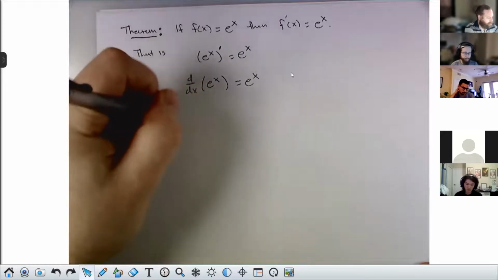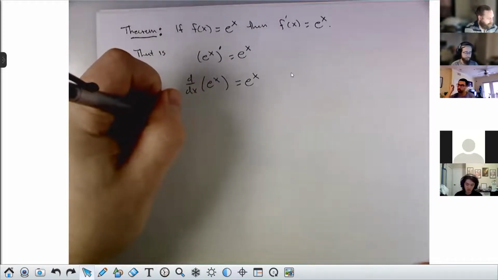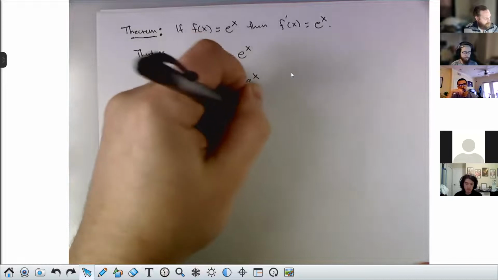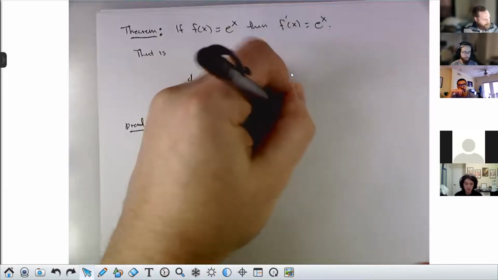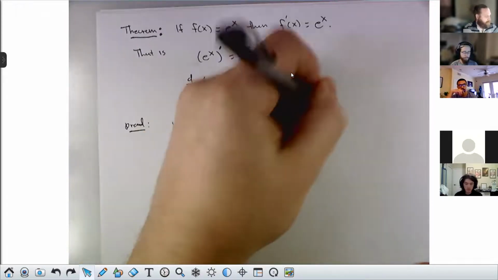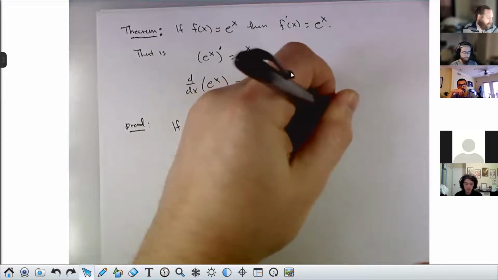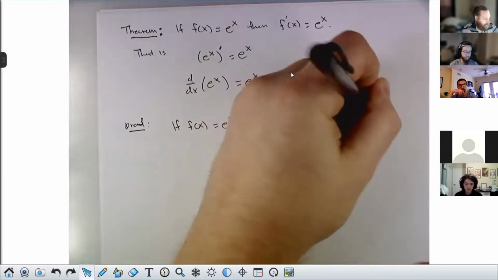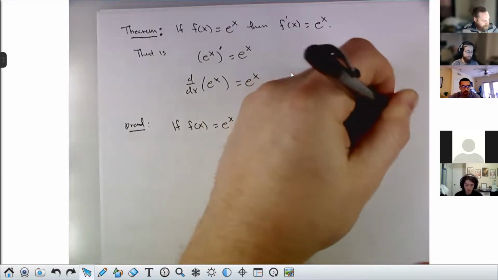If f of x is e to the x, then we've already shown that the derivative is e to the x times this wonky limit, (e to the h minus 1) over h.